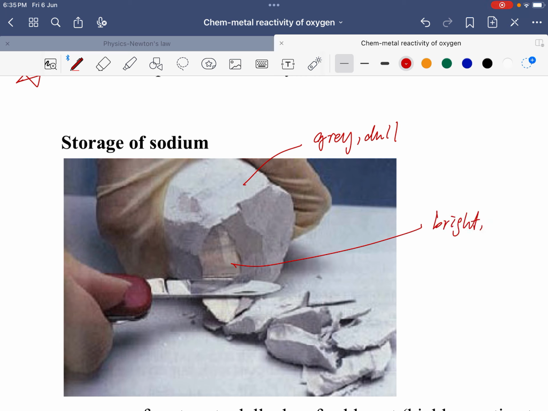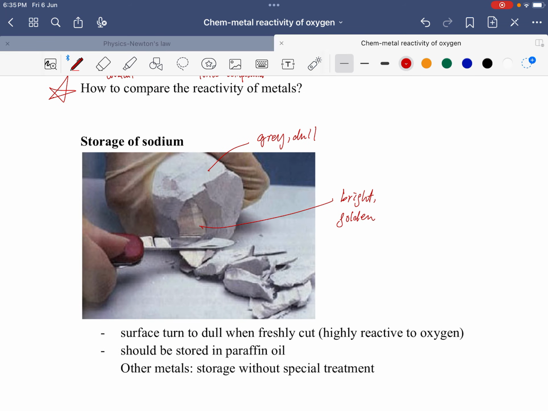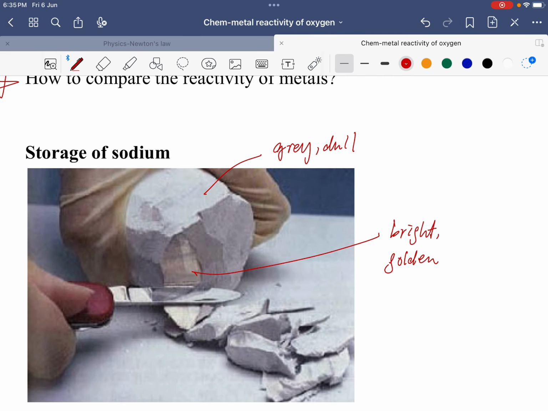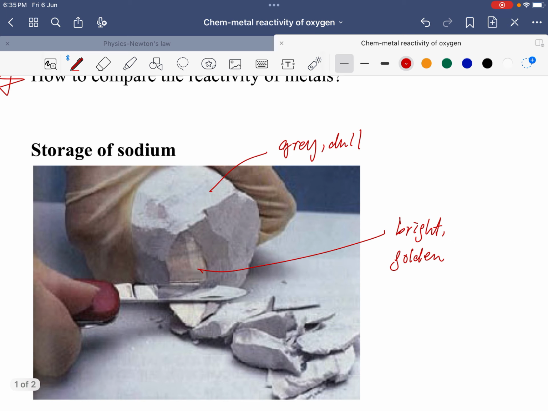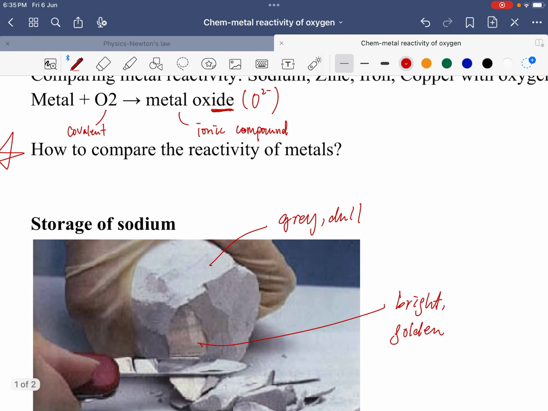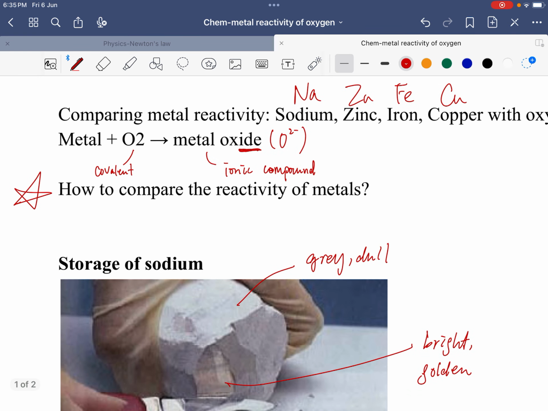And golden in color. So can you explain the difference? Just guess. Why are there two different colors here? Yes, you think it is oxidized.